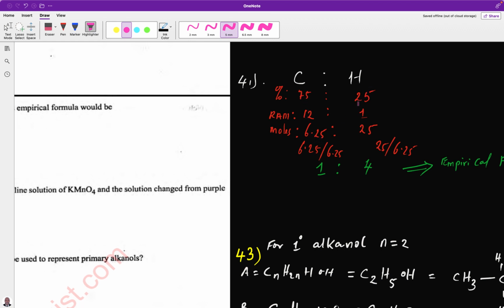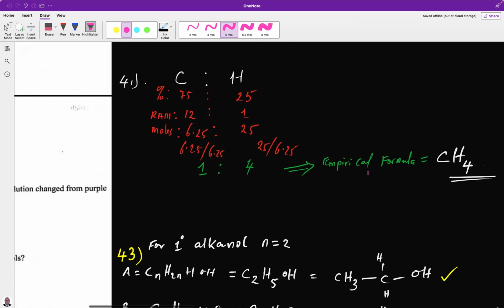For hydrogen, we divide 25 by 1, which is 25. Now we want the simplest ratio, so we divide all the moles by the smallest, 6.25. So 6.25 divided by 6.25 is 1, and 25 divided by 6.25 is 4.